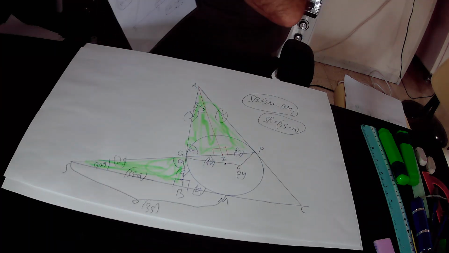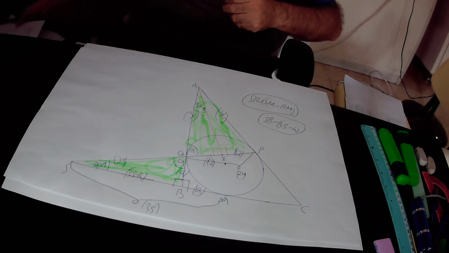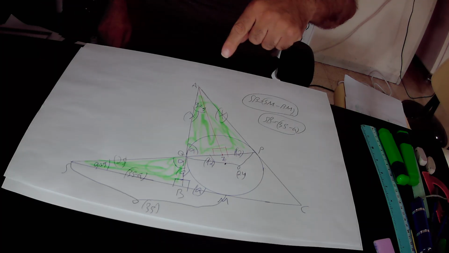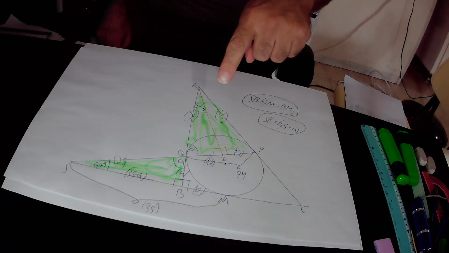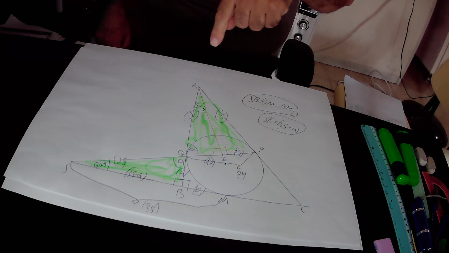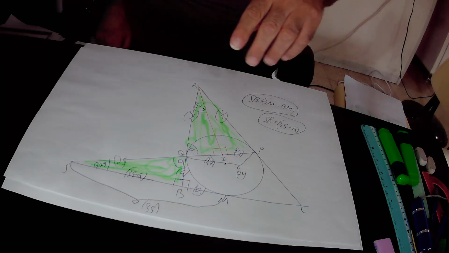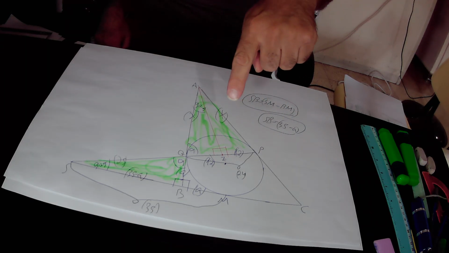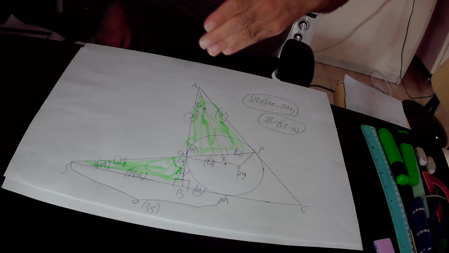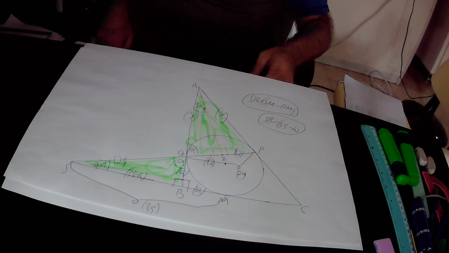So I'm going to implement rule 21 in our drawing. When we put it in our drawing, we have the perpendicular AZ to the base QP.